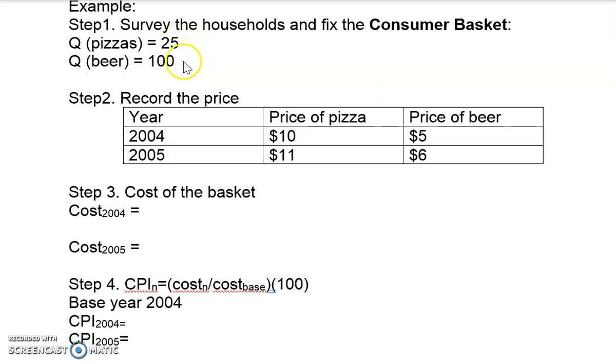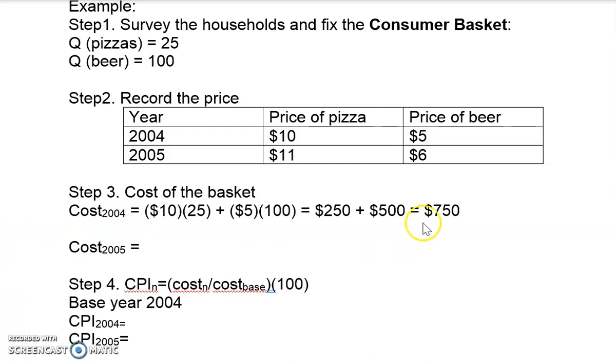Then we add the 2 expenses up, and that is the cost of the basket in 2004. So $750 is the cost of the basket of 25 pizzas and 100 beer.